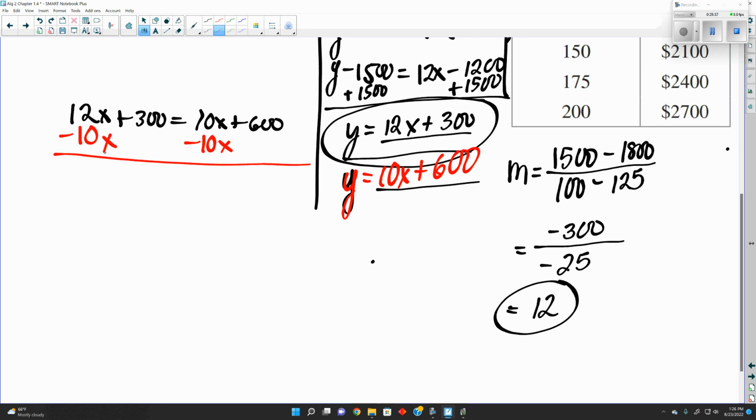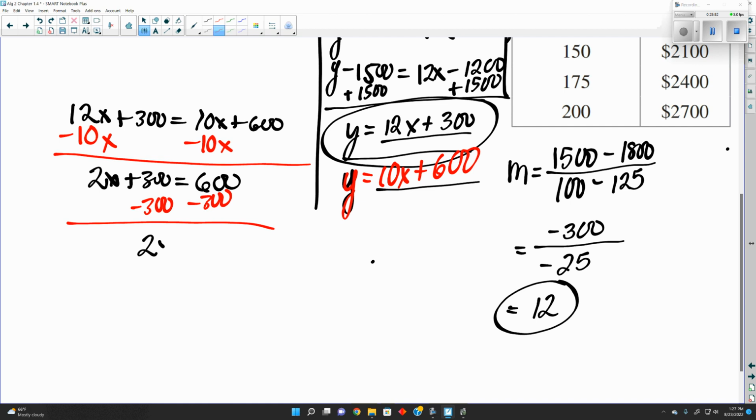So we can subtract 10x, which will tell us that 2x plus 300 is equal to, and lastly we would solve. So how many students will make them be the same?